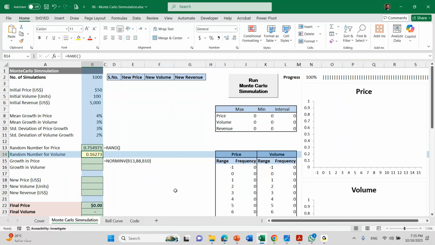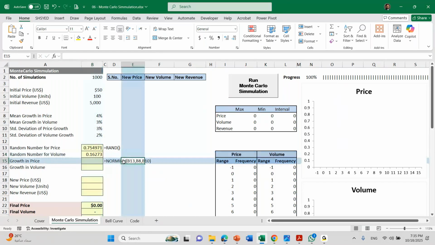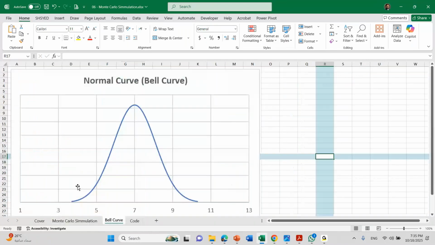And that random change will help us to get a range of prices that are possible in the future. Based on that range of prices, we will be able to make our future price and volume decisions based on the projection and based on the company policy. It's easy to plot this bell curve if you have the values available.